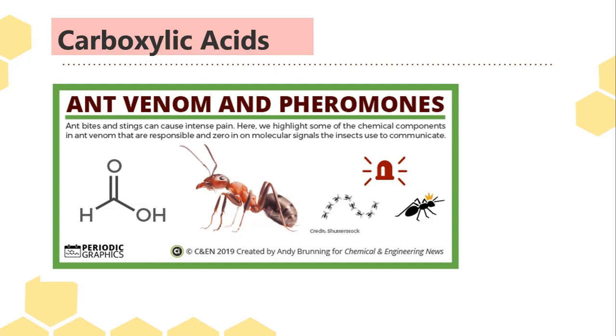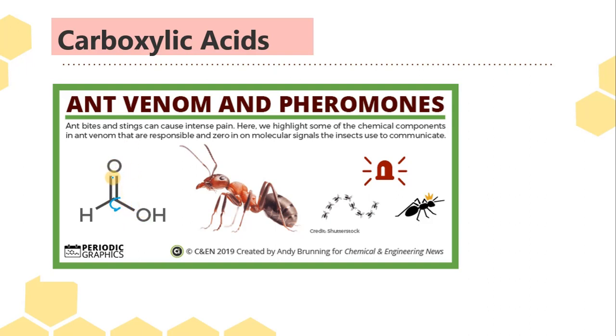interesting thing about ants, when you observe them, like these black ants, they tend to follow one another when they transfer from one place to another. They use a chemical called pheromones for communication. And this is the structure of the venom and the pheromones. It has an H, a double bond O with a carbon in the middle, and an OH.